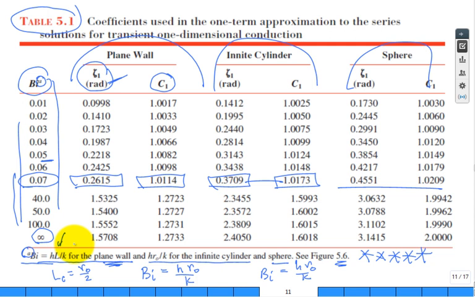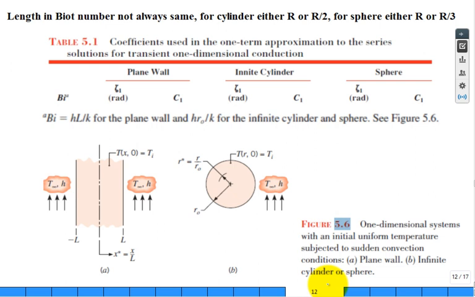Did I help you a little bit? Avoid problems? Put a footnote. Look at this footnote and be cautious because of the cylinder or sphere definition of Biot number. This is going to that figure 5.6. Notice that again, this is the r_0, the outer radius of the cylinder or sphere. Again, that definition, cylinder or sphere. Be cautious there. Don't mess up.